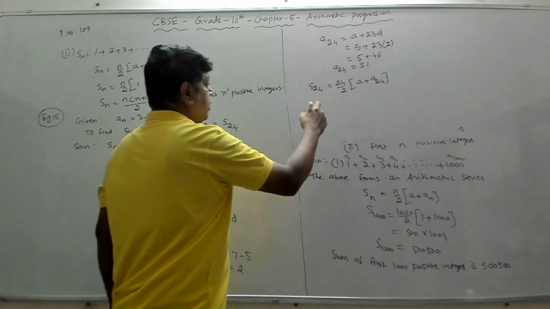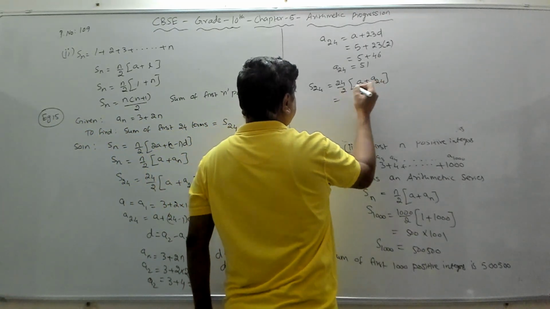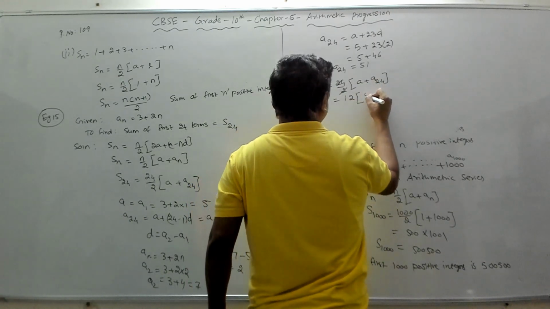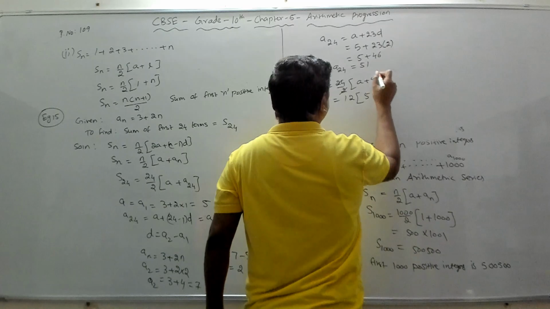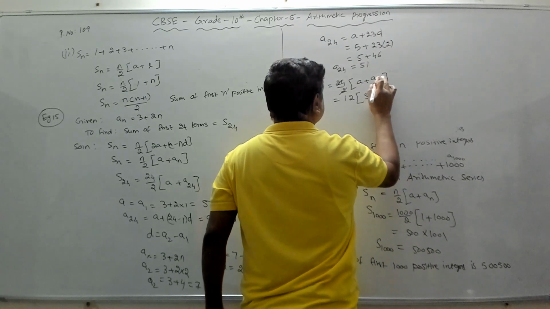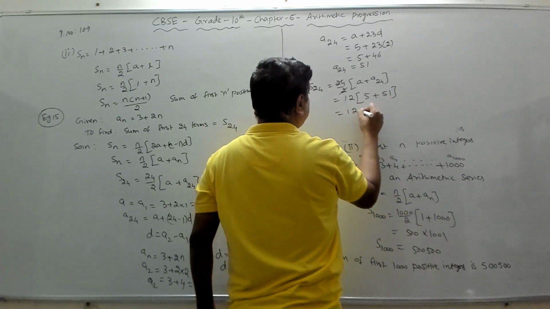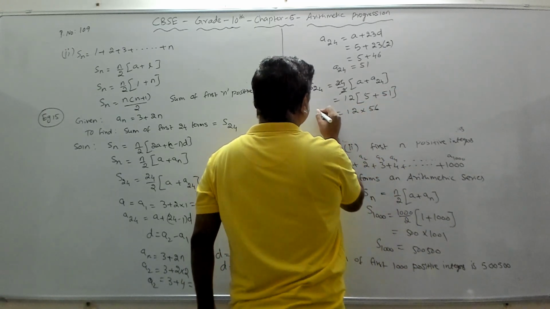Now we'll substitute here. Now 2 and 24 will cancel. You'll get 12 into A, which is 5, plus A24, which is 51. So that gives you 12 into 56. Yes, that is your S24.